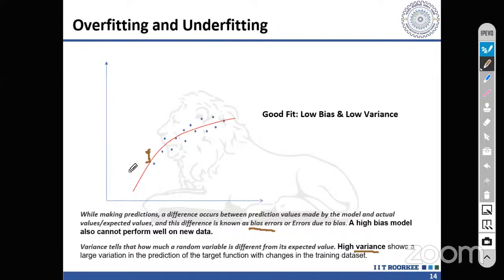As we have seen, if the model is very simple, it will not be able to capture. And if the variance is very high, the model is very much tuned and overfitted, so it will give you results on that data set, but if you have a new data set, it will not perform well. So there it will give you high variance.